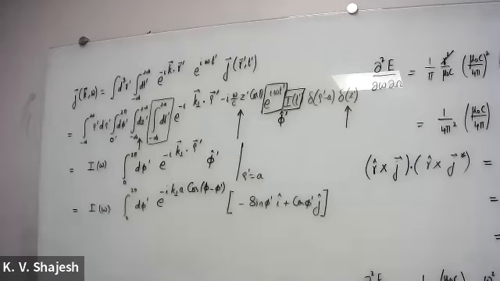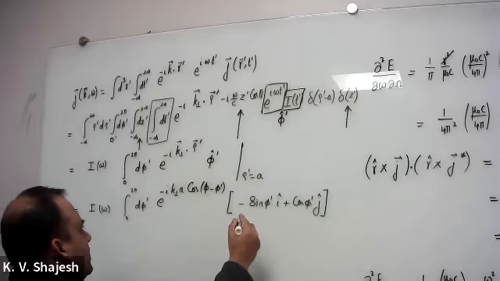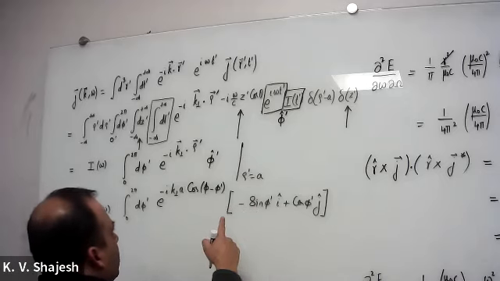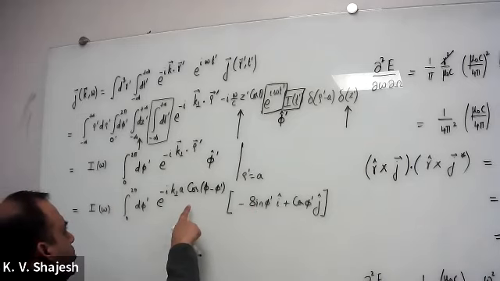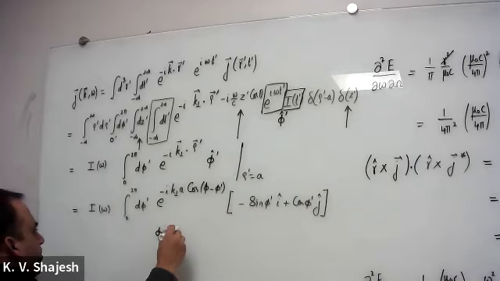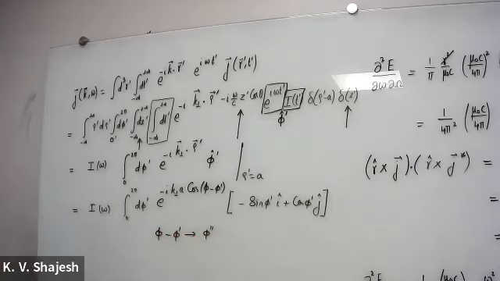Since I'm way past time, it's already 5 minutes over, I will just give a hint here. In this integral, after you expand this out, phi minus phi prime has to be substituted as phi double prime, and write this integral in the direction of rho hat and phi hat.